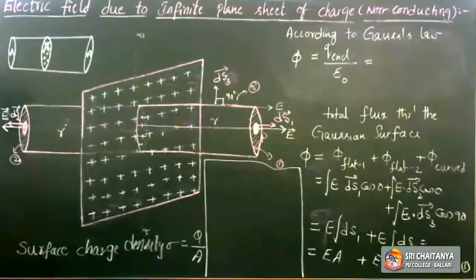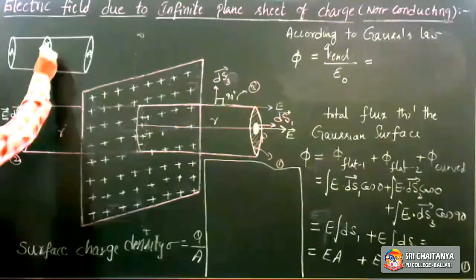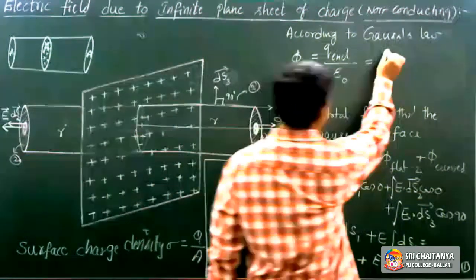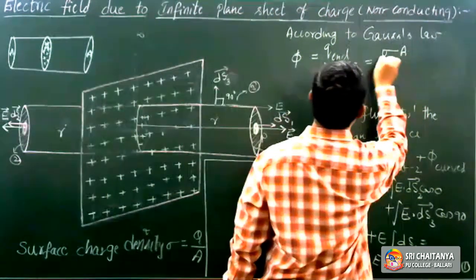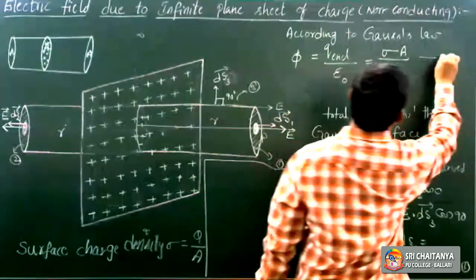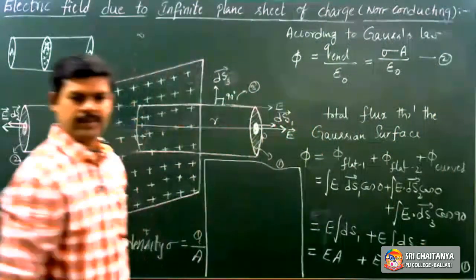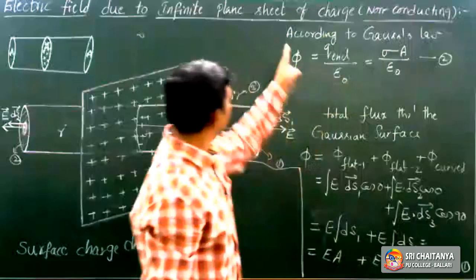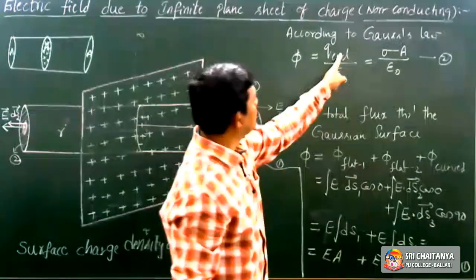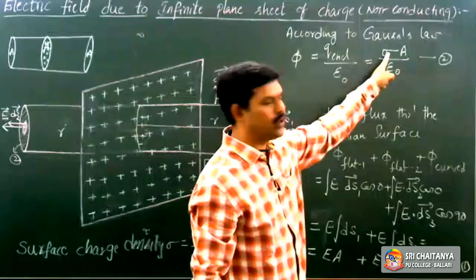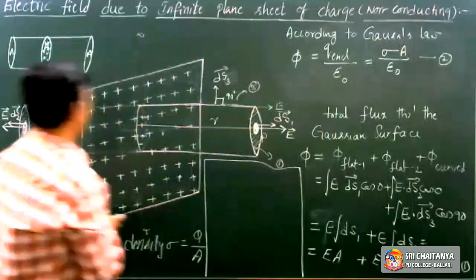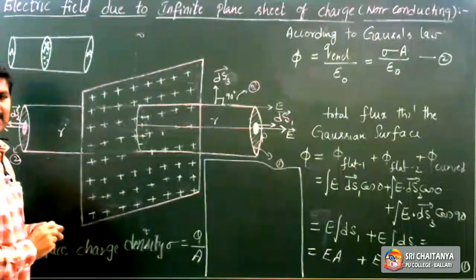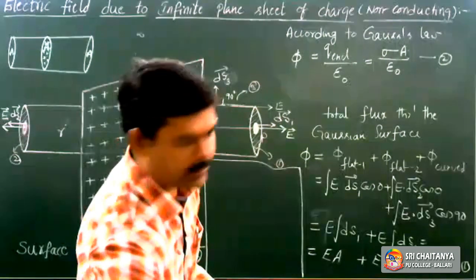So Q enclosed is area into surface charge density, so Q enclosed is sigma into A, divided by epsilon naught. This is the second, right? We got the flux through the Gaussian surface is 2EA. Then according to Gauss law, flux is charge enclosed by epsilon naught, and the charge enclosed is sigma into A, because only in this area A is the charge enclosed by this surface, right? Okay.